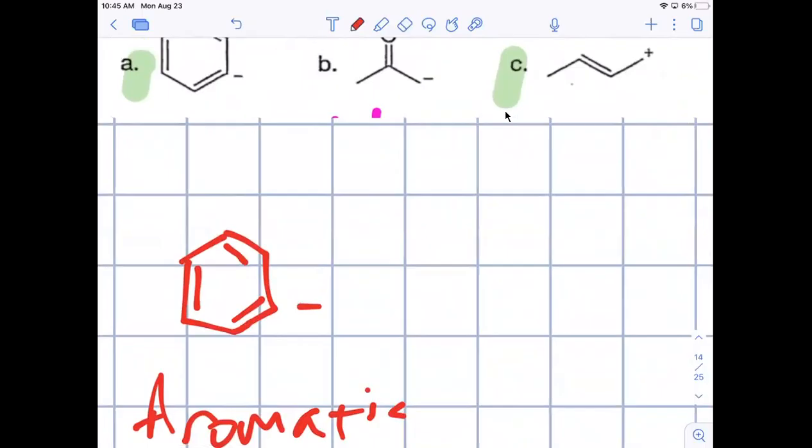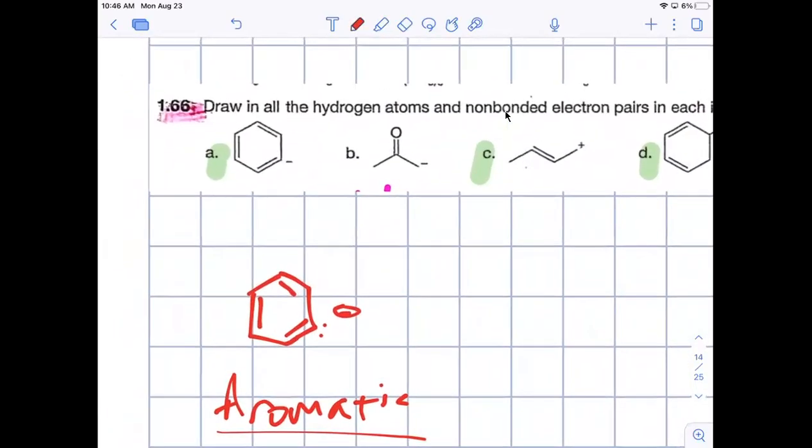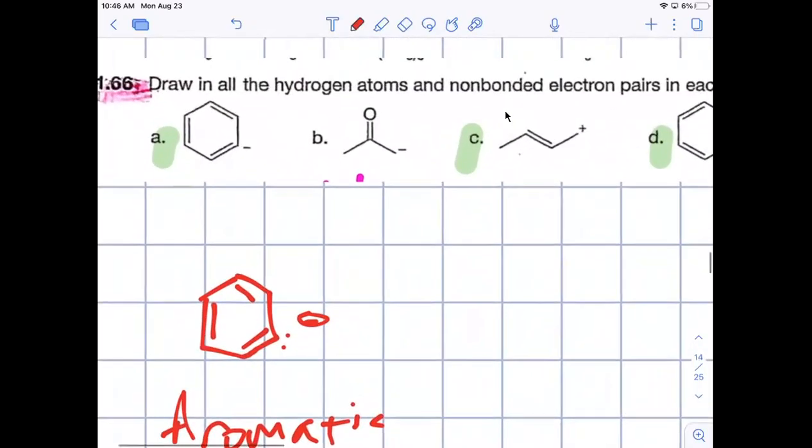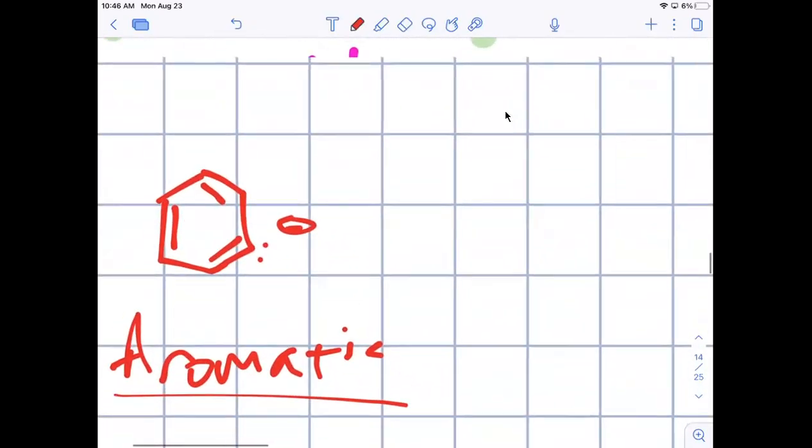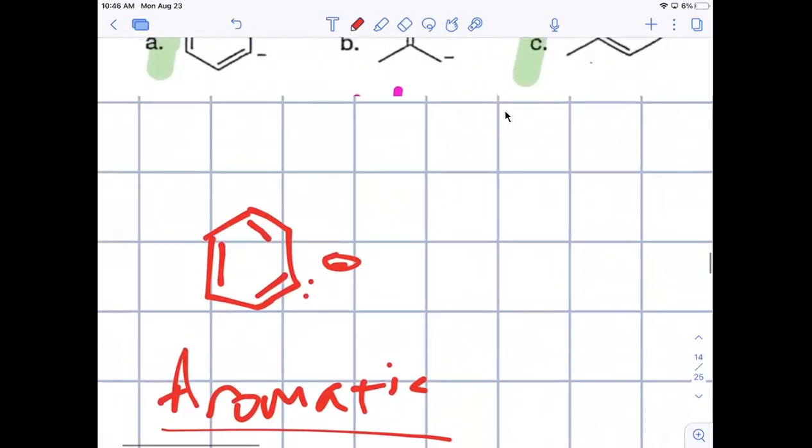If it's negative, it has more electrons. It's got a pair of electrons on it. Very good. The question asks us to draw in all the hydrogen atoms and non-bonded electron pairs. So that carbon having a negative charge means that there's a lone pair on that carbon.